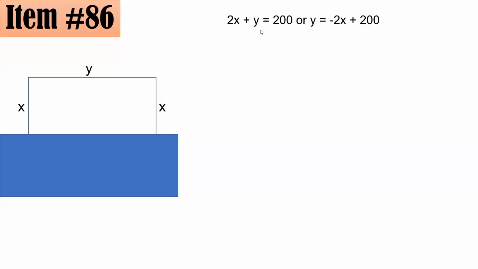And solving for y, I have y equals negative 2x plus 200. But we know po that in getting the area of a rectangular farm, we multiply the length by the width. So we have here xy equals A, where A there represents the area of the rectangular farm.